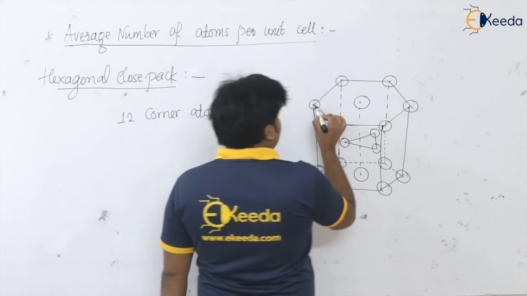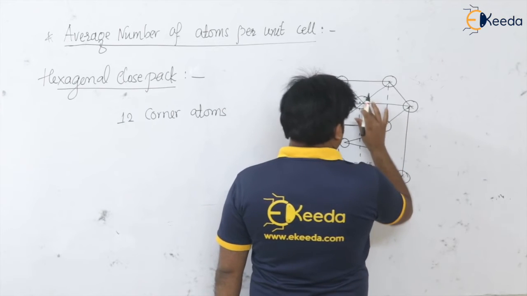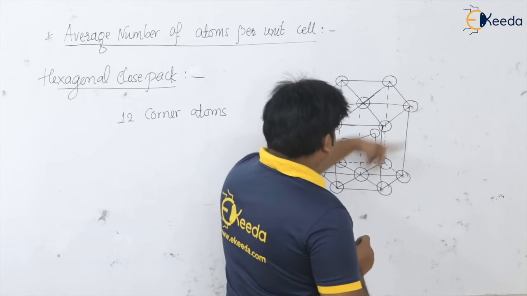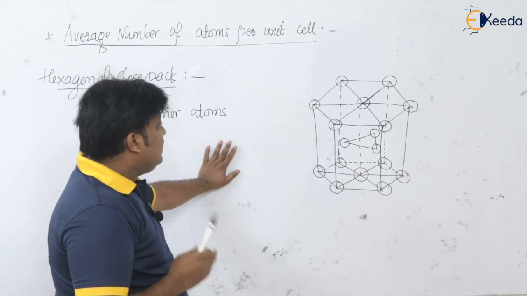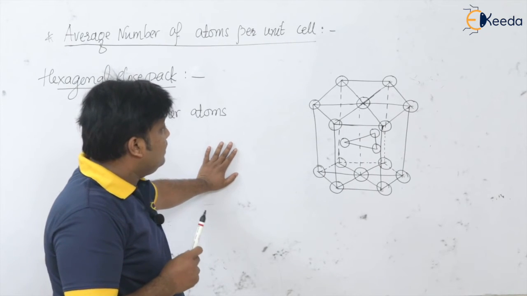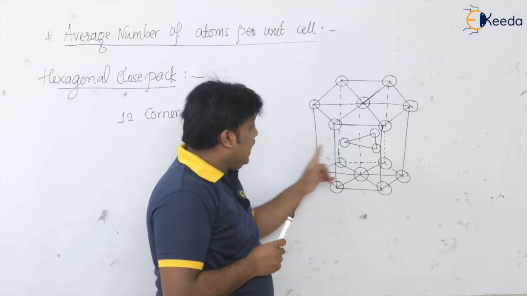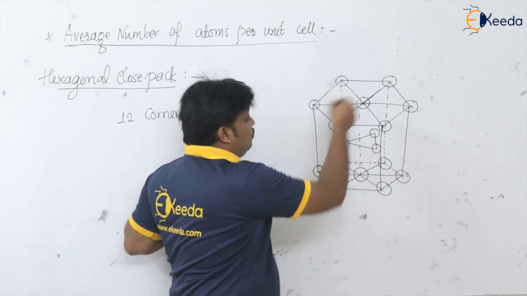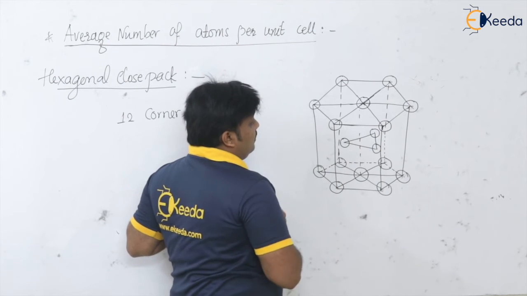Okay, so this is actually the hexagonal pack structure. Okay, so see here 12 corner atoms are going to be shared by, so how many cells, the 6 cells. Okay, and this face atom is going to be shared by 2 adjacent cells, and the interior atoms, how many there, in one unit cell of this hexagonal closed pack we are having 3 interior atoms, of course.